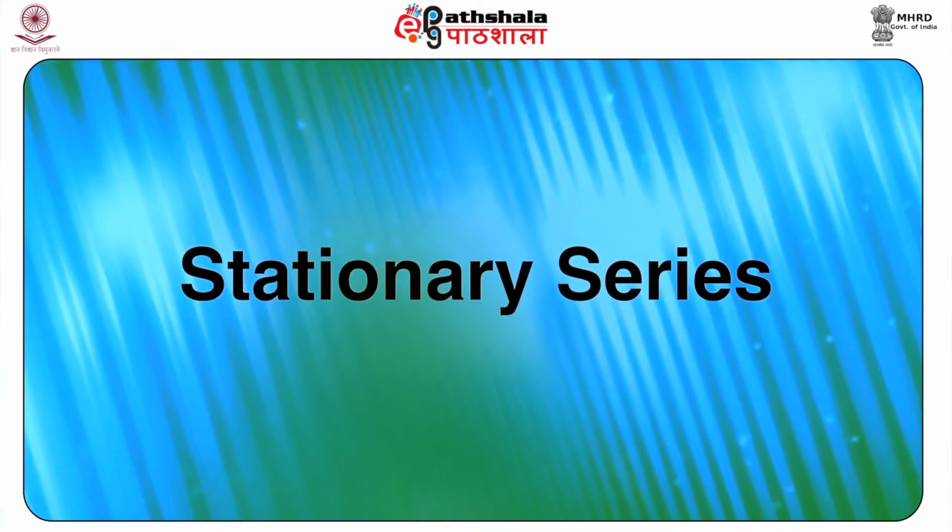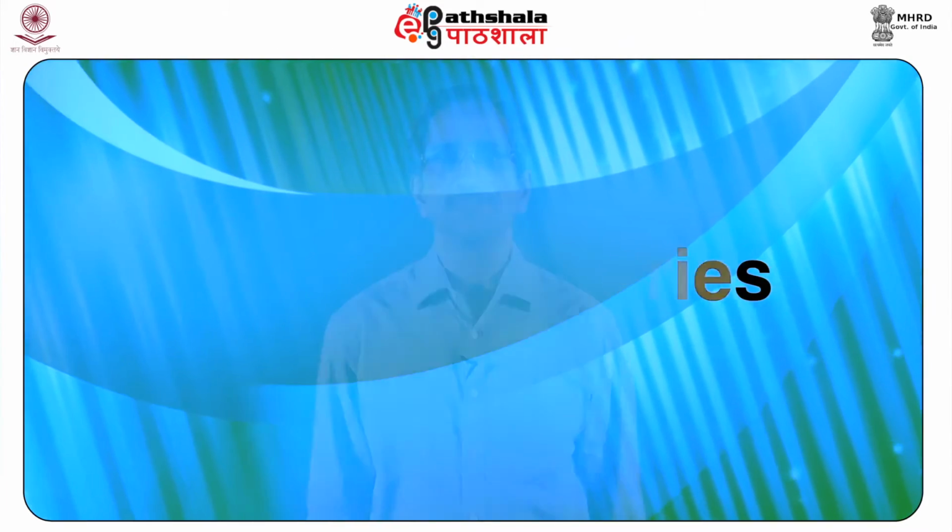First, the stationary series. As we all know, by the term stationary, we mean that the mean and variance are constant over time. So, graphically, we can depict the stationarity of a series by merely looking at it and seeing a trend in the movement of the variable.